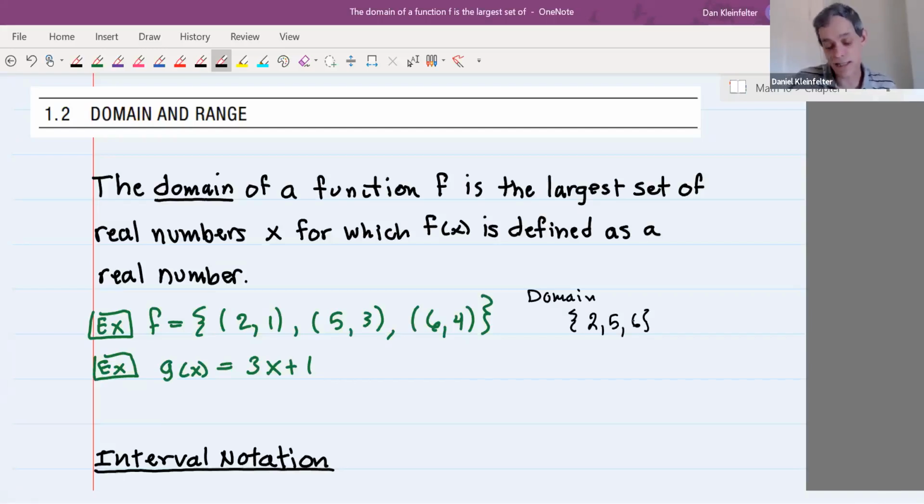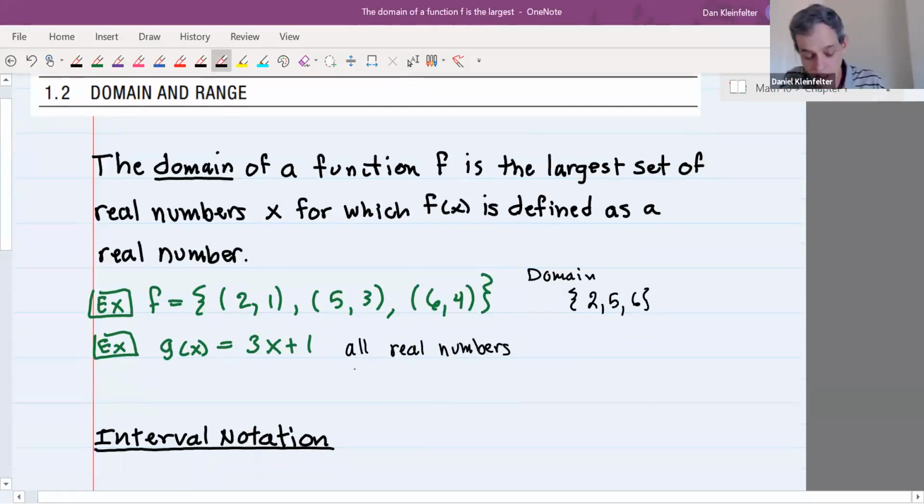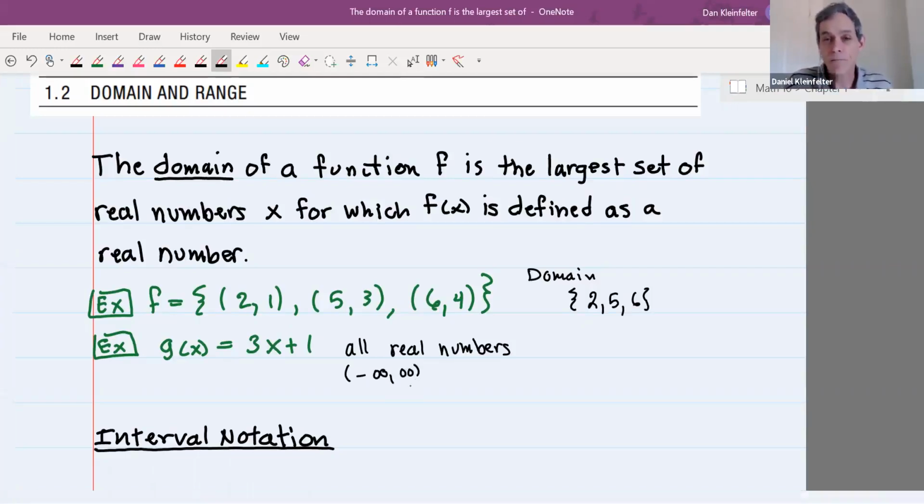Yes, for any x, such a thing is possible. So you could write out all real numbers. Or if you know about interval notation, you can write the interval negative infinity up to infinity. Most often, we use interval notation to express the domain of a function.